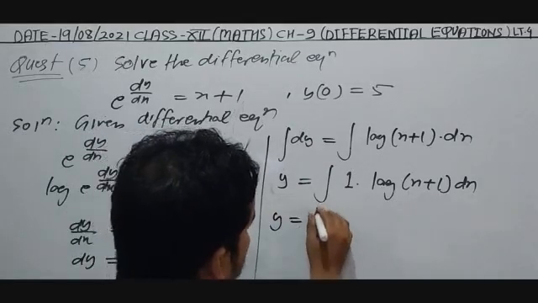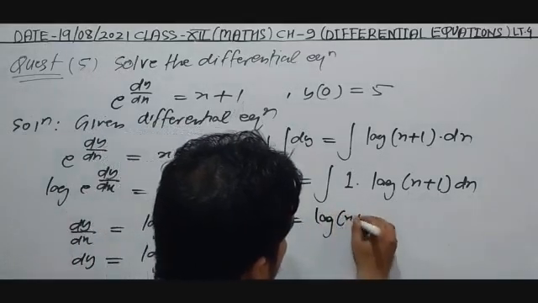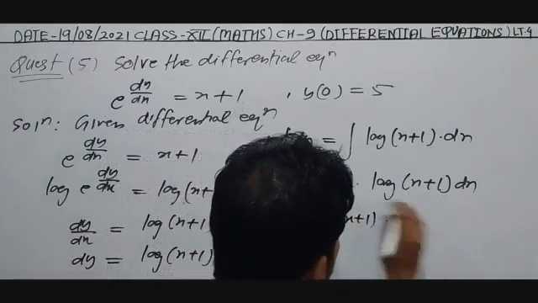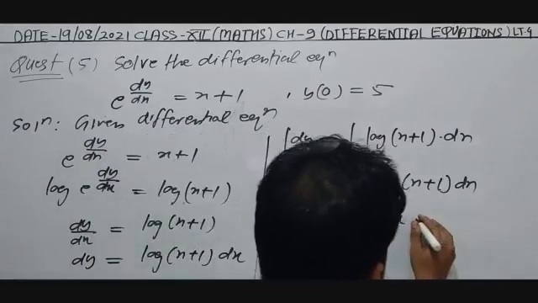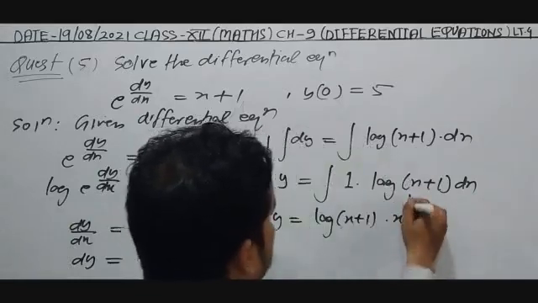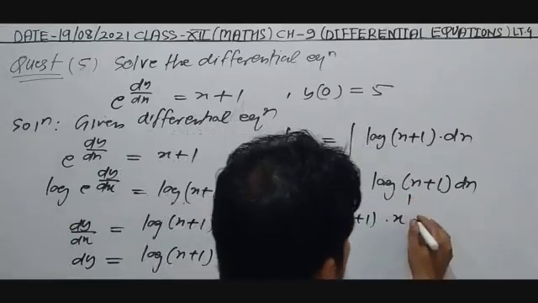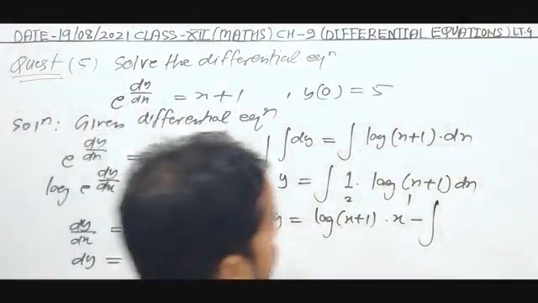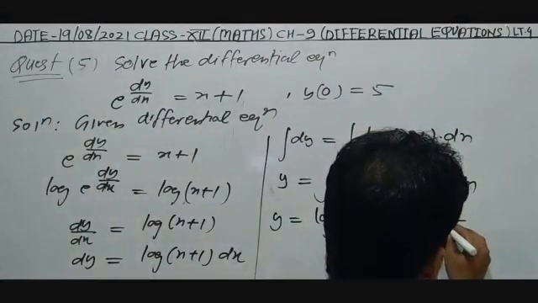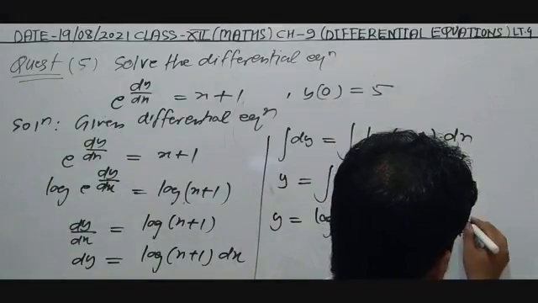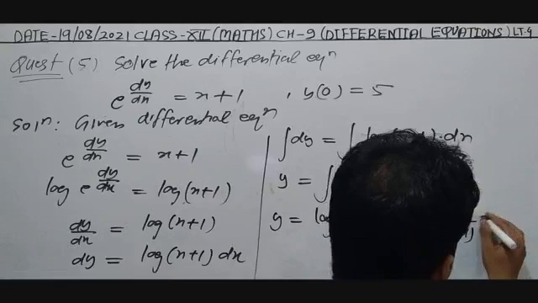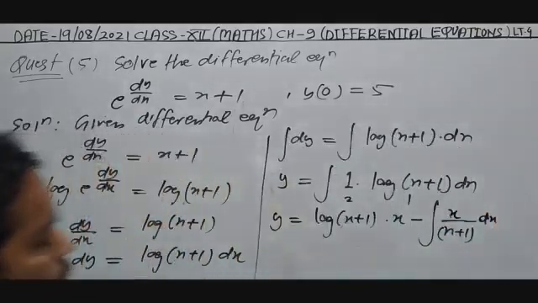So y is equal to log of x plus 1 into integration of the second function, this is first, this is second, minus integration of d by dx of the first function, which will be 1 upon x plus 1, and now integration of 1 dx is x, into dx.